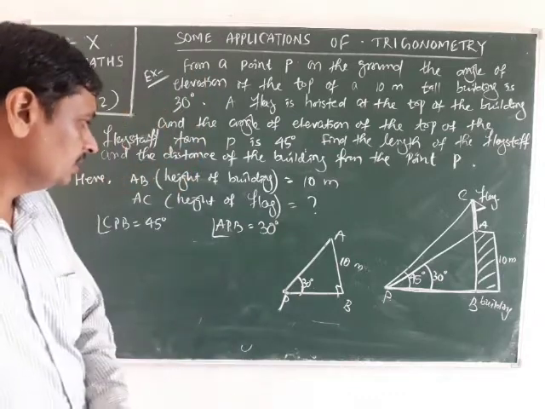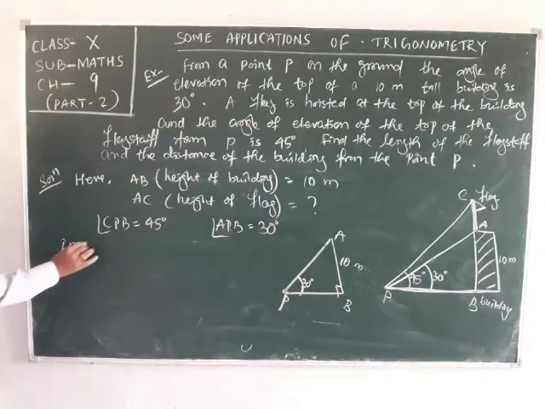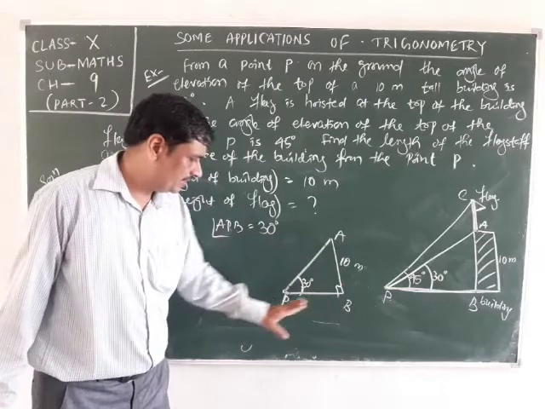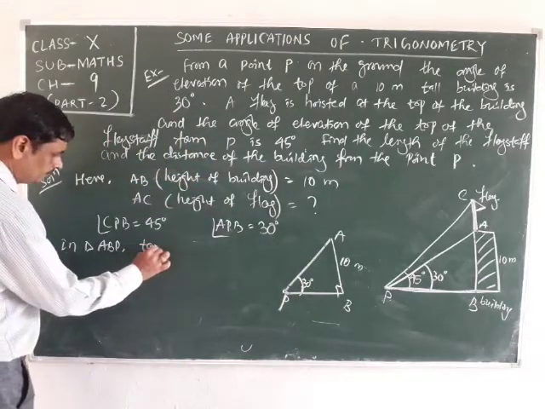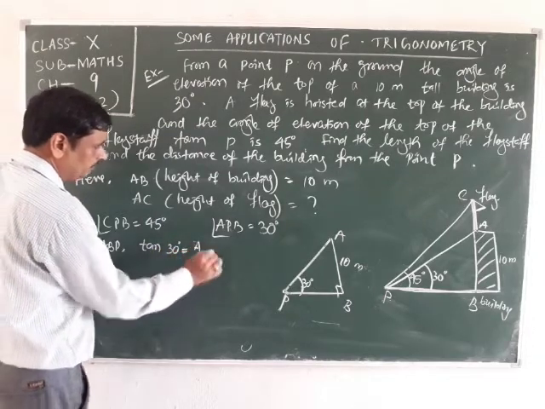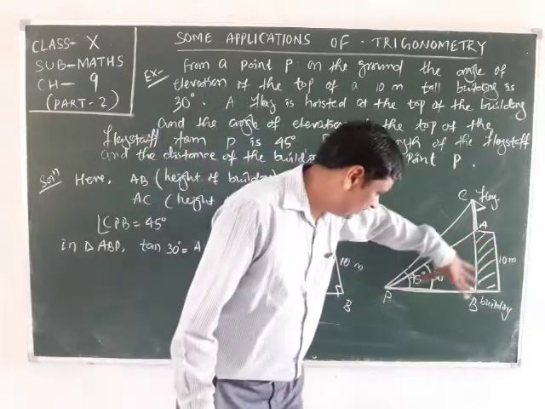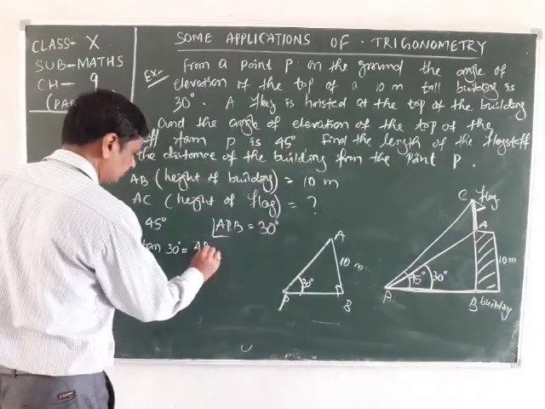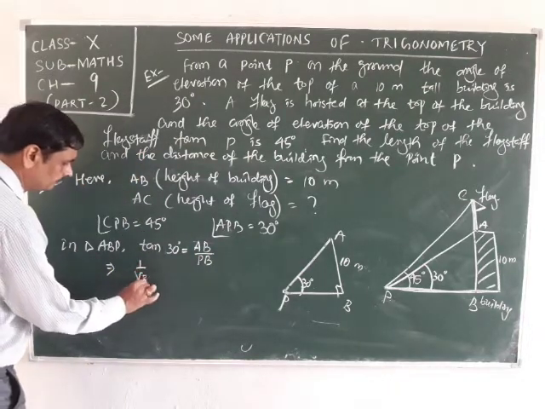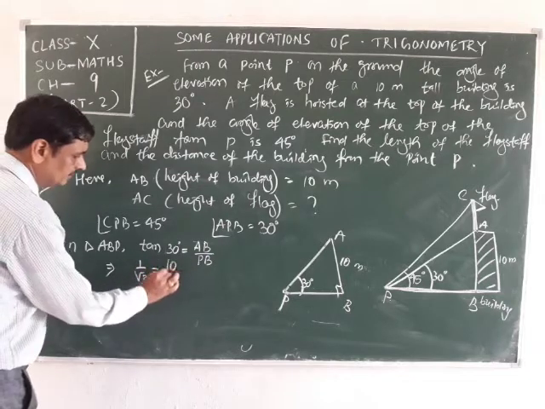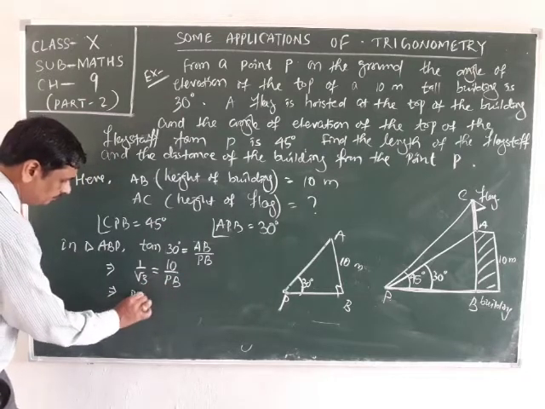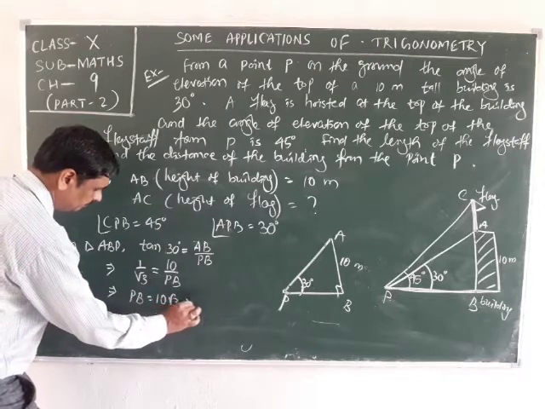So first, in triangle ABP, tan P is AB by BP. Tan 30 degrees is equal to opposite by adjacent, that is AB by BP. Tan 30 is 1 by root 3, equal to AB, given as 10 meters, by PB. This implies PB is equal to 10 root 3 meters, by cross multiplication.